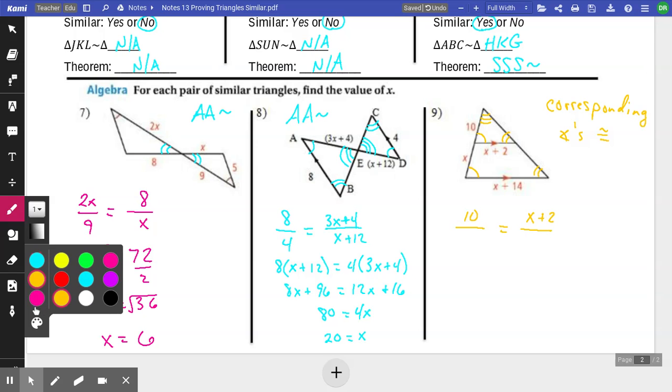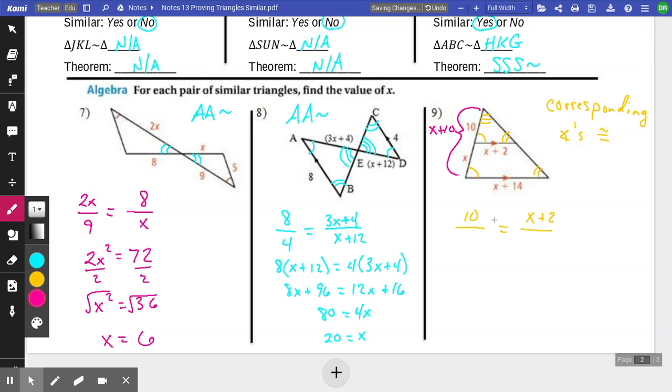Now, if you're careful, you're going to notice that the side over here is not just 10, it's not just x, it's both of those combined. So it's x plus 10, the entire side length on that side. For the big triangle, the side length is x plus 10, which we'll put with the 10, and the bottom is x plus 14, which corresponds to the x plus 2.